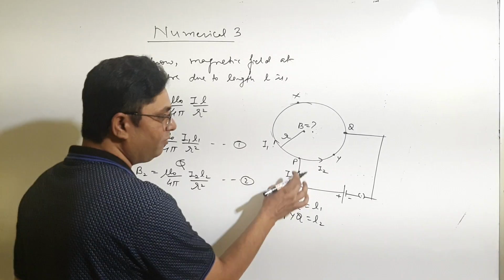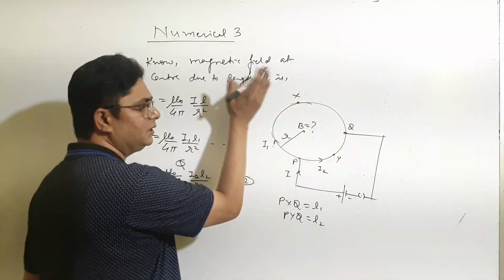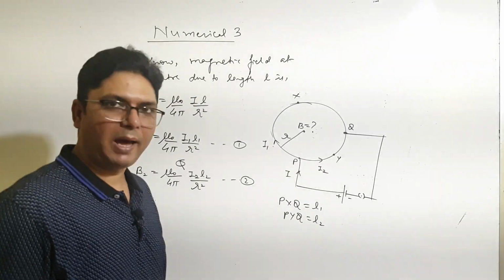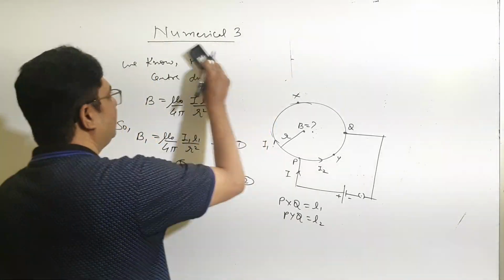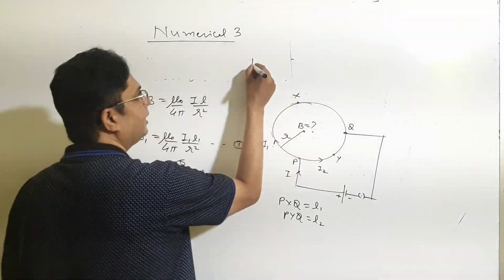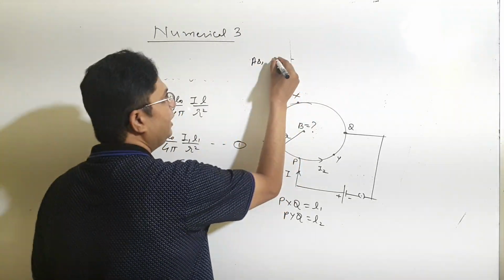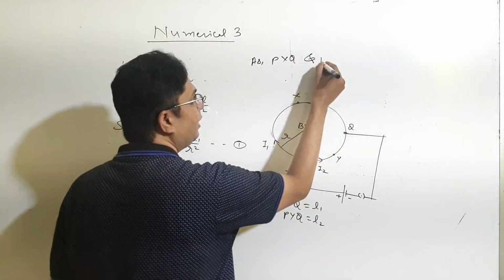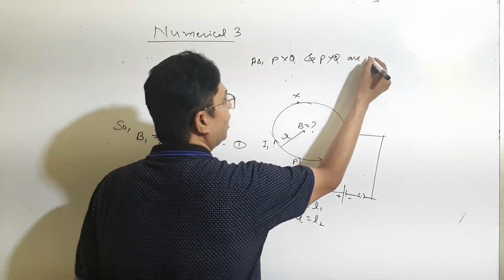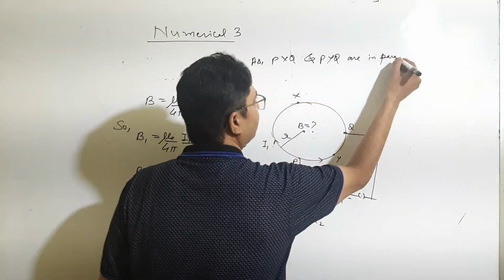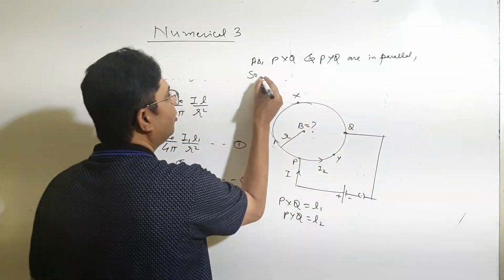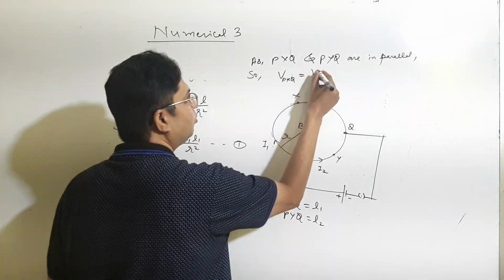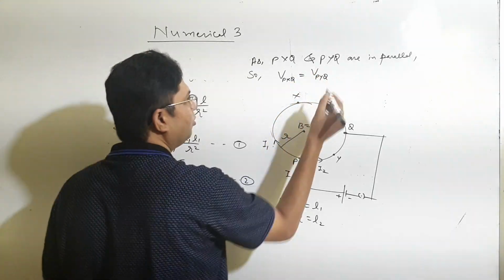Now since current is entering from this side and leaving from Q side, both ends get the same potential because they are in parallel combination. So as PXQ and PYQ are in parallel, the voltage for PXQ equals the voltage for PYQ.